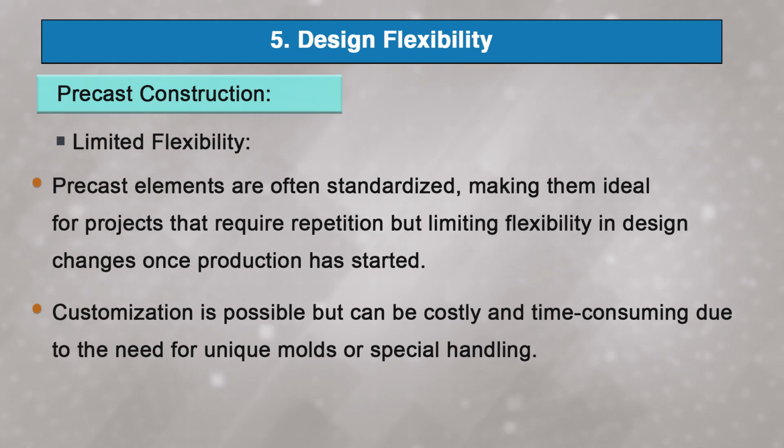Customization is possible, but can be costly and time consuming due to the need for unique molds or special handling. For example, in a modular office building, standard precast panels can be used efficiently, but adding custom features like curved walls or unique architectural details can increase cost.